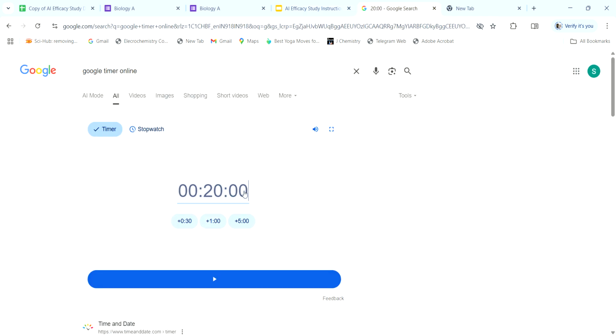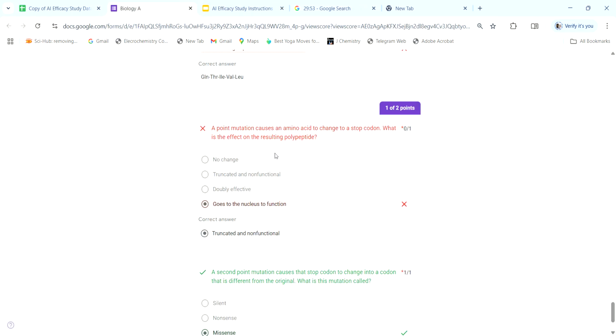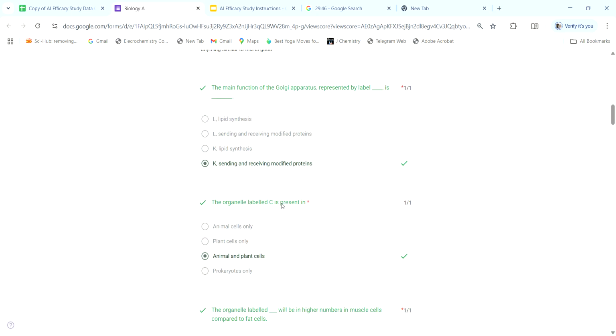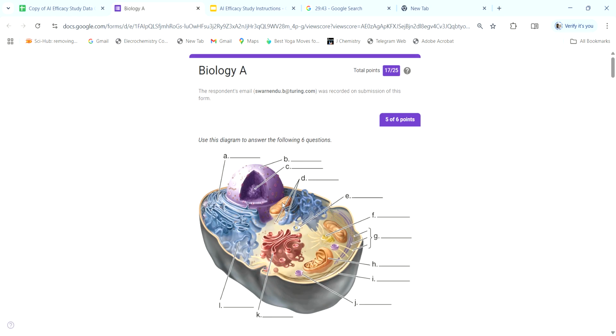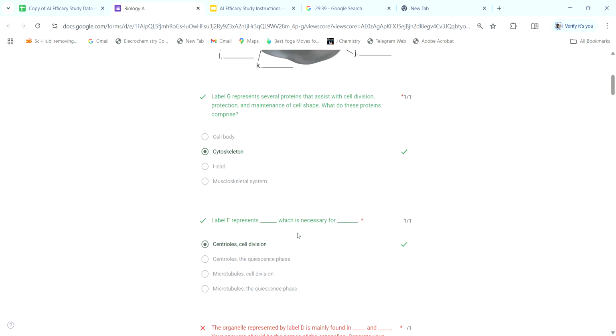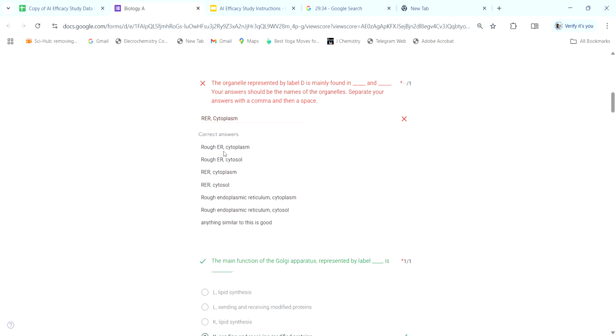Okay, so I will start my 30 minutes. Yes, started. So the first wrong answer is that, okay, this is correct, this is also actually correct, because rough endoplasmic and smooth, this will be rough endoplasmic reticulum in cytoplasm.